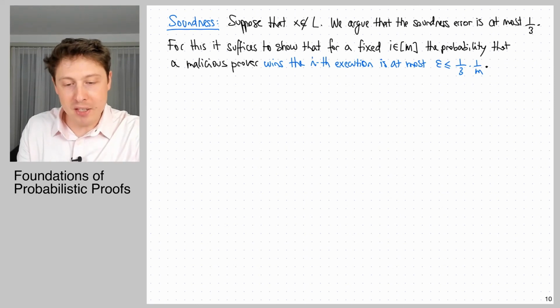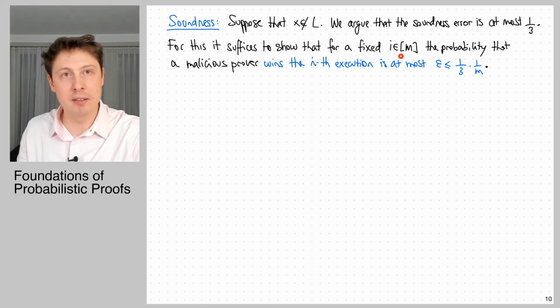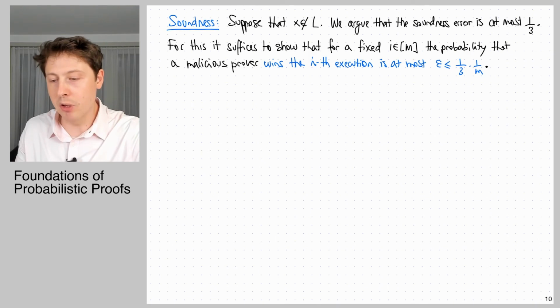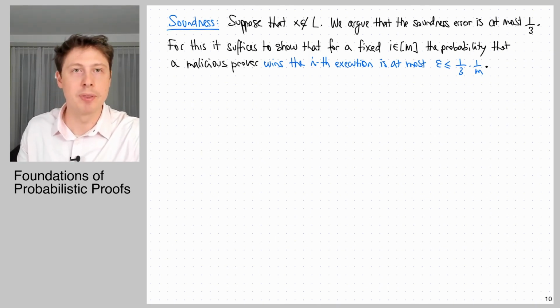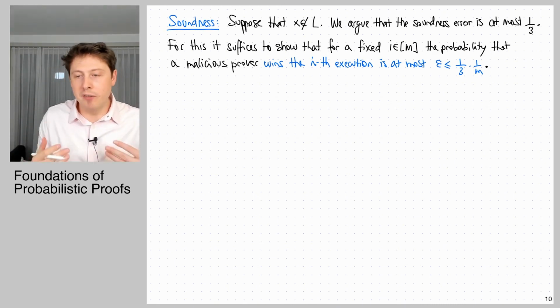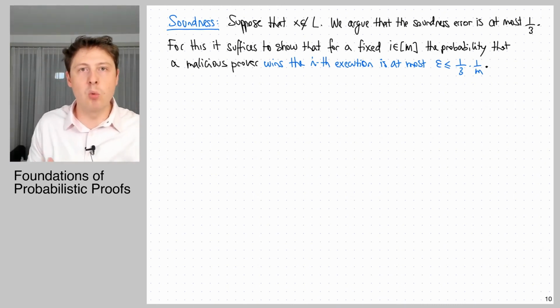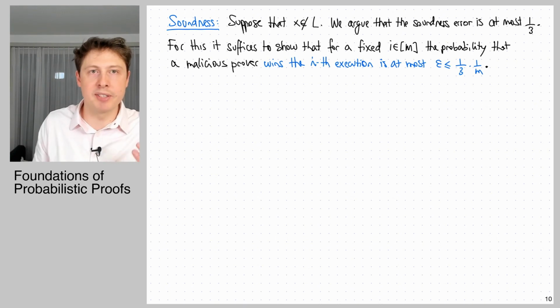Now, for this, it suffices to show that for a fixed i, the probability that a malicious prover wins specifically in the ith execution is at most epsilon, which we assumed was 1 over 3 times 1 over m, right? Because whenever the prover wins, he has won in one of the executions, either the first one or the second one.